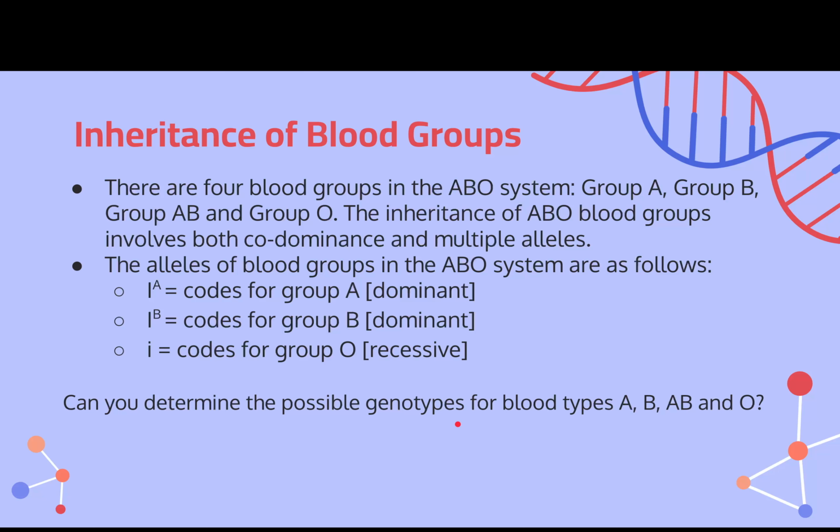What are the possible genotypes? What are the gene combinations or allele combinations that are possible for those blood groups?